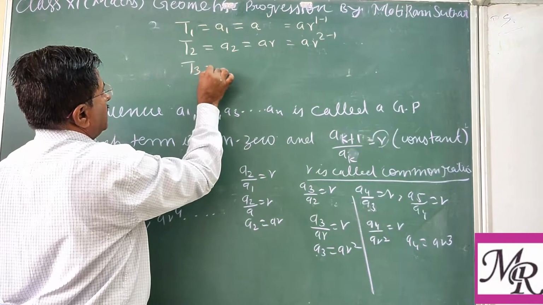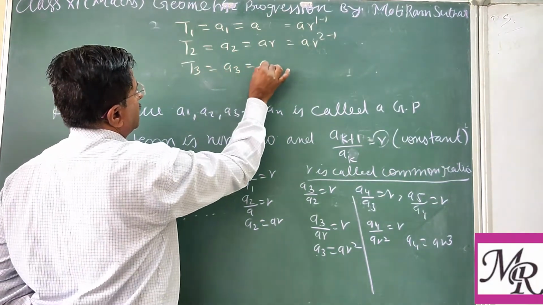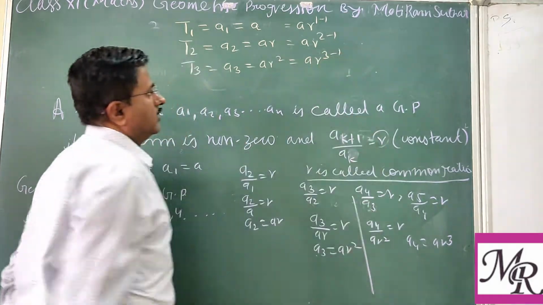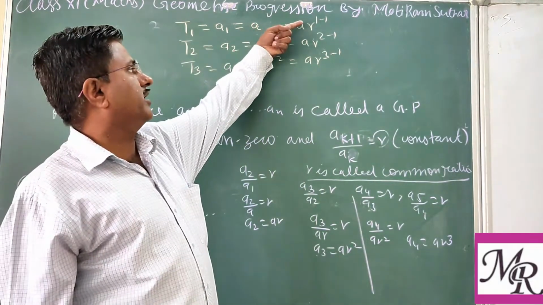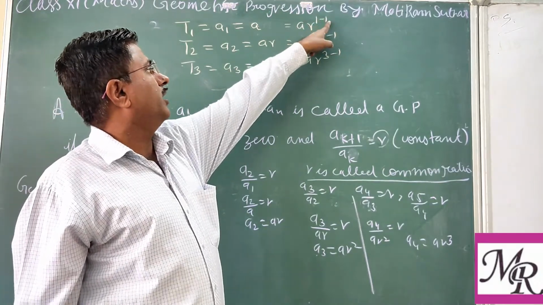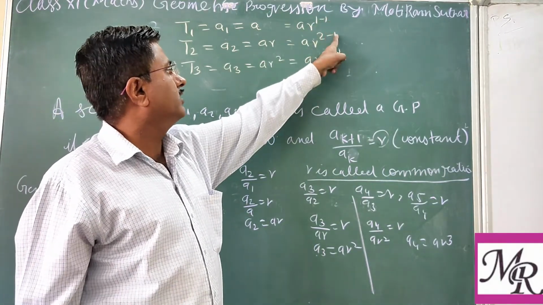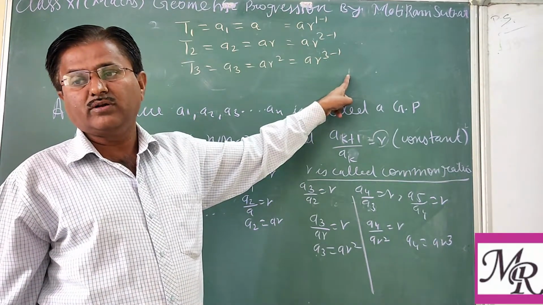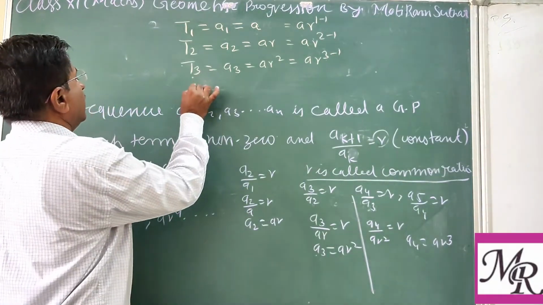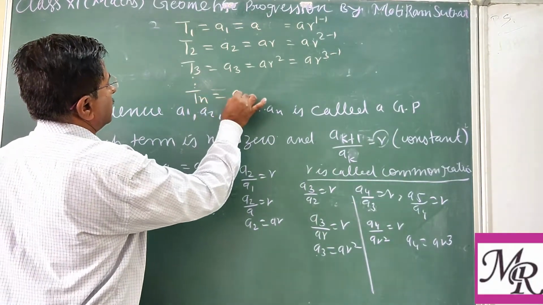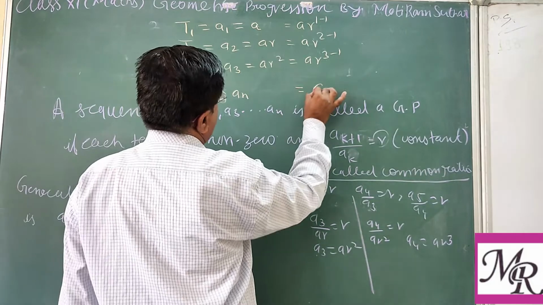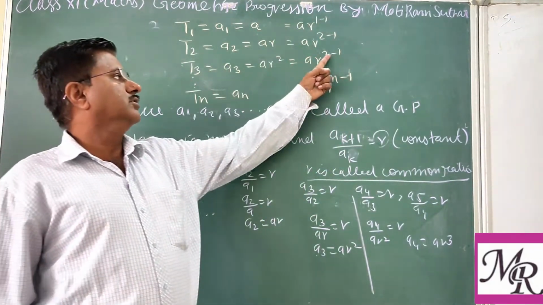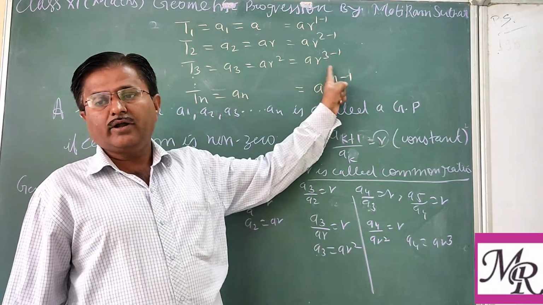Now T3, A3, AR power 2, that can be written AR power 3 minus 1. So using this pattern, first term 1 minus 1, second term 2 minus 1, third term 3 minus 1, fourth term 4 minus 1. In this way one can find the nth term.